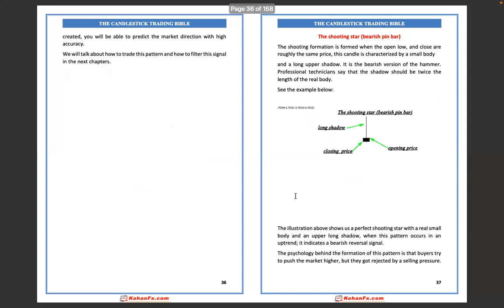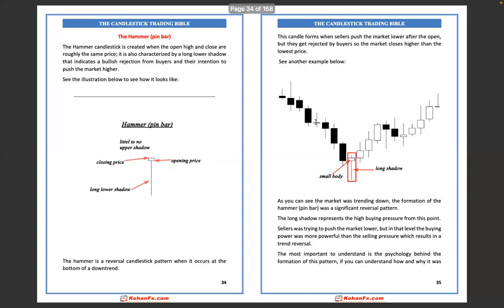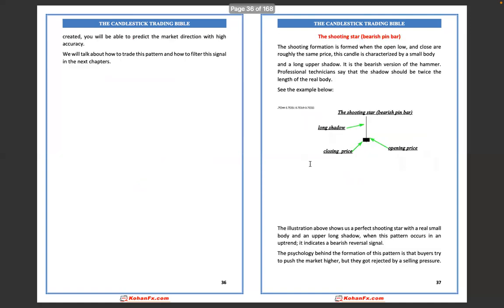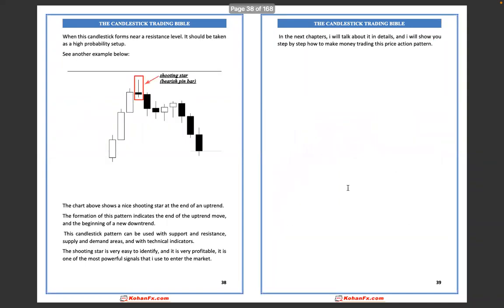This pin bar is the bullish pin bar. The hammer is the bullish pin bar. We have the bearish pin bar, and it's referred to as the shooting star. If this one is for buys, obviously this one is for sells. When you see this in an uptrend, then it tells us that sellers are about to take control of the market.